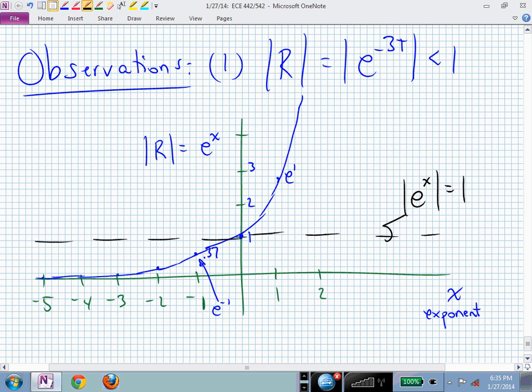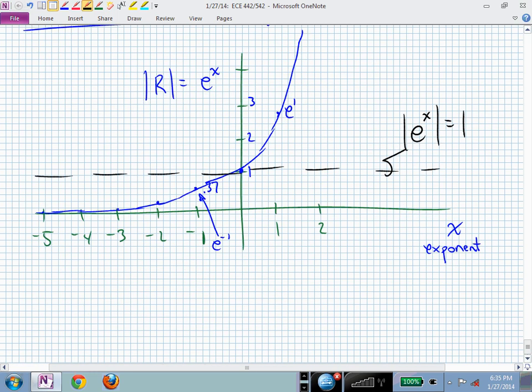Here's where we have negative exponents, and what's that value? It's always less than 1, isn't it? That's why I could claim e to the minus 3t is less than 1. It had a negative exponent, so I know its magnitude is less than 1. This is then the negative exponent, and this is the positive exponent.